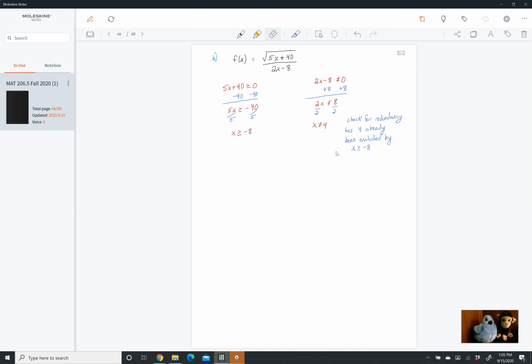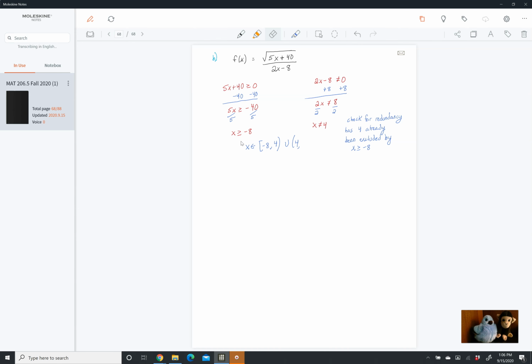So here's how we do it. In interval notation, we're starting at -8, and -8 is included. And again, we have to jump over the 4, right? So we go to 4, we close it, and then we open it.